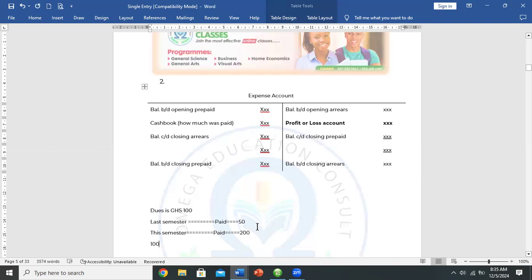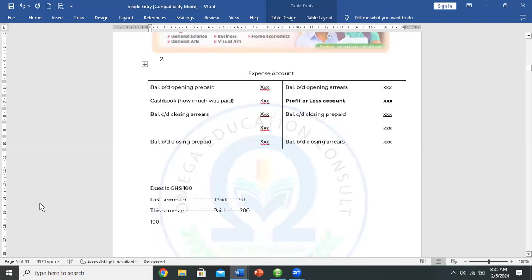But you see, it so happens that, let me go back to our scenario so that we know how you can get the exact expenditure from preparing a simple expense account. Now here it became simple because we know we have to pay a dues of 100 cedis for the semester, right?